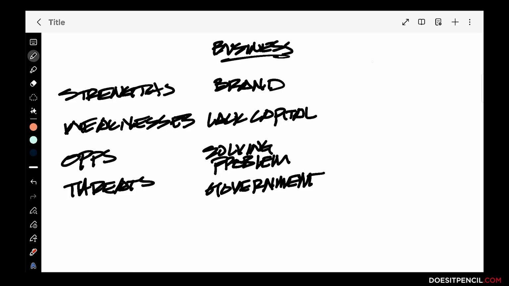So that's a pretty simple example of what a business SWOT analysis might look like. Now, I think another really strong utility of SWOT is being able to use it personally. Like I said, I'll be a little tongue-in-cheek on this one. Let's be specific. Let's talk about me being in a relationship. One of my strengths might be that I'm really funny.